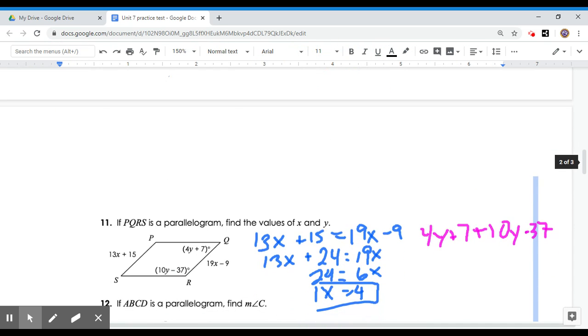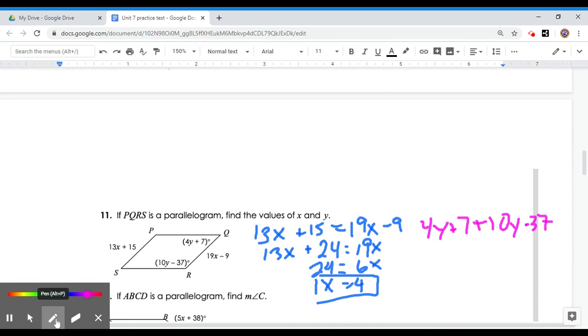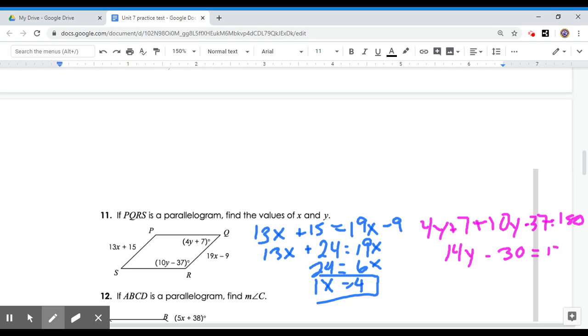So then we combine like terms. We have 14y. 7 minus 37 is going to be negative 30 equals 180. So then we add 30 to both sides. 14y equals 180 plus 30, which is 210. 210 divided by 14 is 15. So y equals 15.